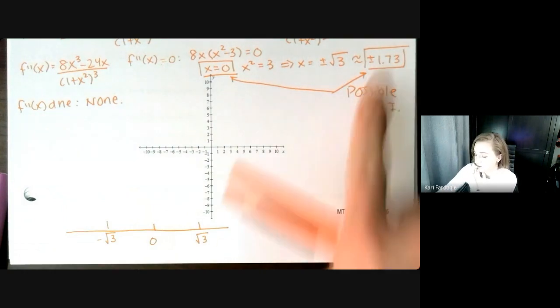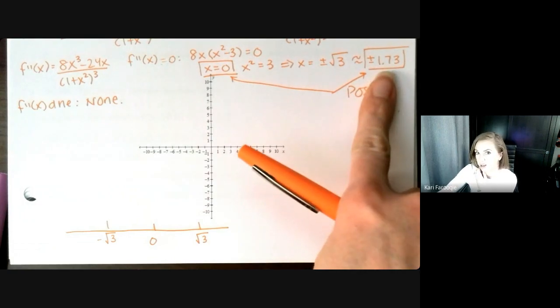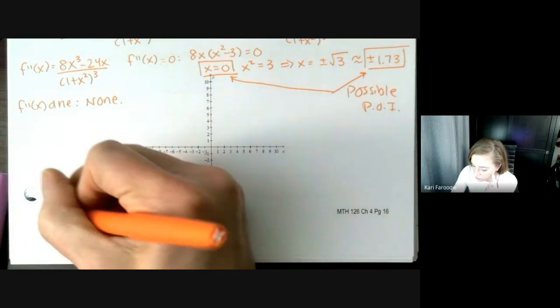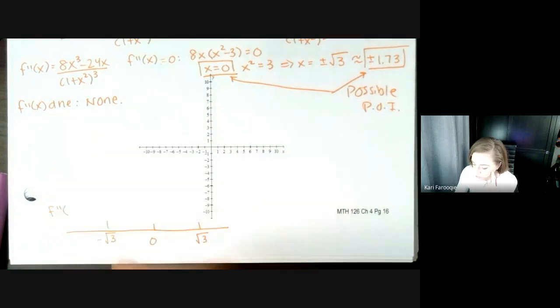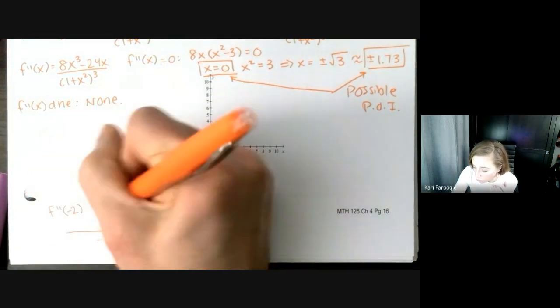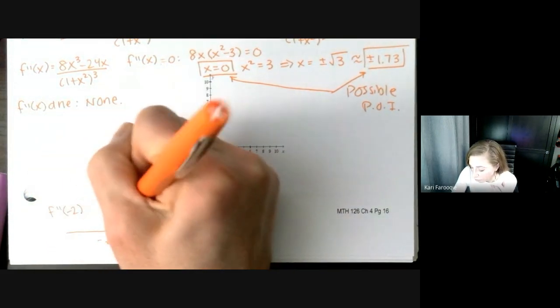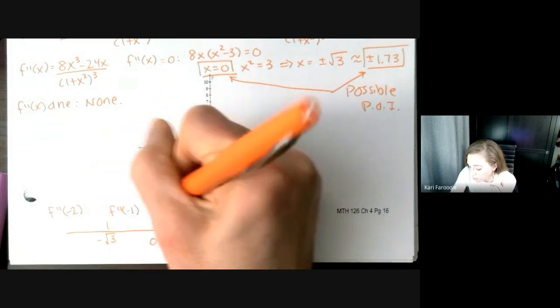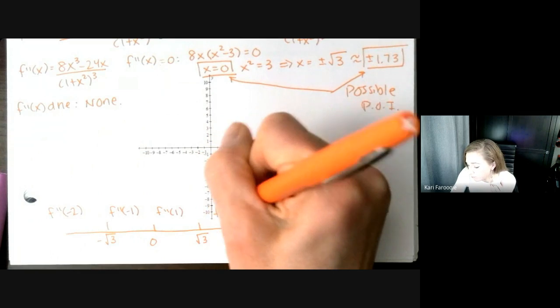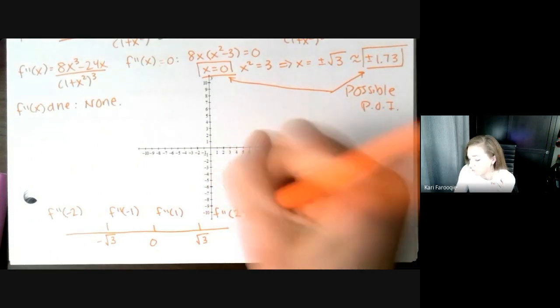That's kind of why it's nice to have this decimal approximation that helps you find a test value. So maybe I'll test f double prime of, it's got to be less than negative 1.73. So we'll go f double prime of negative 2, f double prime of negative 1, positive 1, and positive 2.